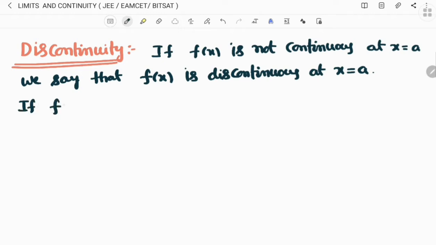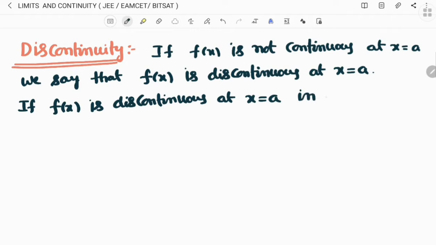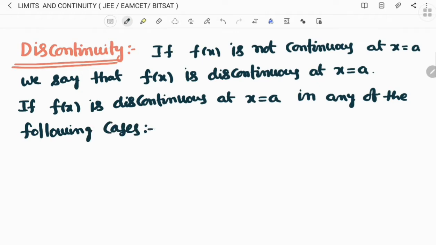If f of x is discontinuous at x is equal to a, it is in any of the following cases. We will discuss what are the cases.